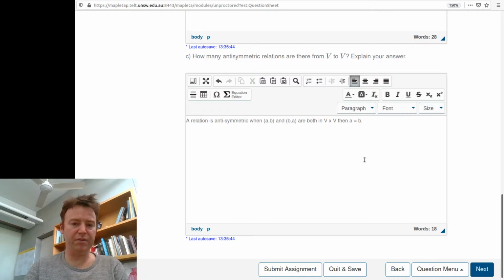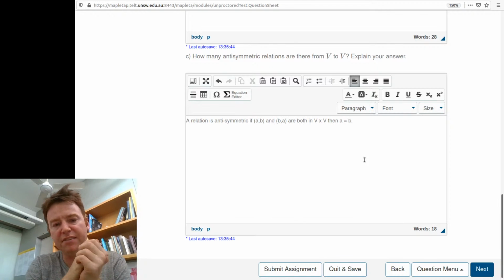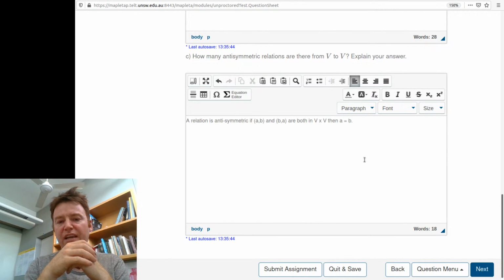I'll say that in terms of: a relation is anti-symmetric if, when (A, B) and (B, A) are in the relation, then A and B are the same.